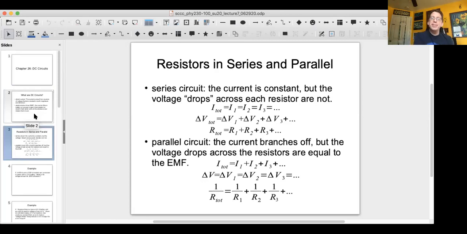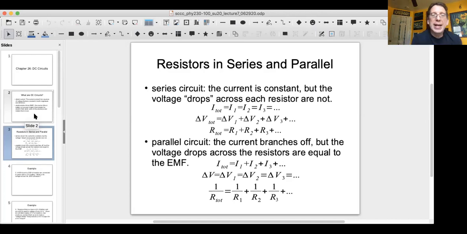Now, resistors can be combined, much like capacitors, into either series circuits or parallel circuits, and also separate segments of the circuit can be in series or in parallel. So you might find one resistor in series with two resistors connected in parallel. That's entirely possible. But you figure out the equivalent or the total resistance one segment at a time.